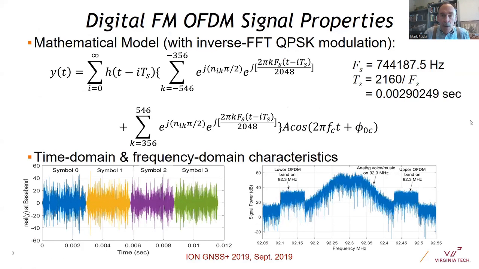And so this is just part of that effort where we're trying to track the digital FM part of a signal. So here's the signal at 92.3 megahertz from a station in the south.